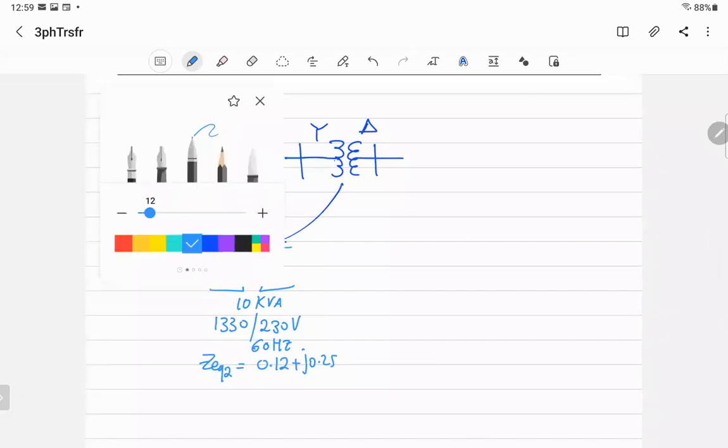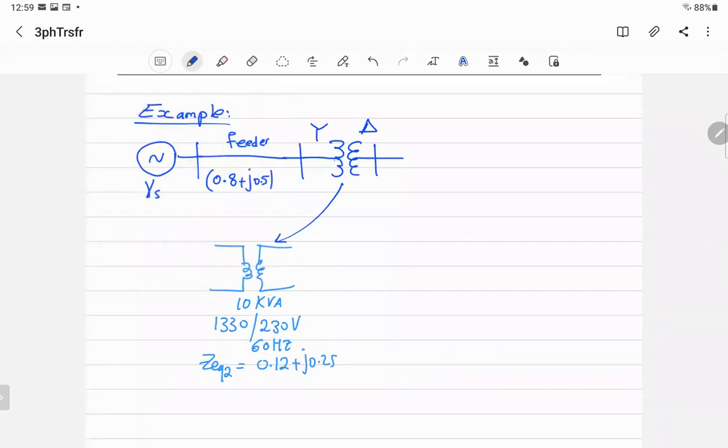We'll continue. Now, on the secondary side, or the low voltage side on delta, there is a feeder connected to the load. So this is a complete real system: source, feeder connecting the source to the transformer, and then the transformer output connected to the load through another feeder.